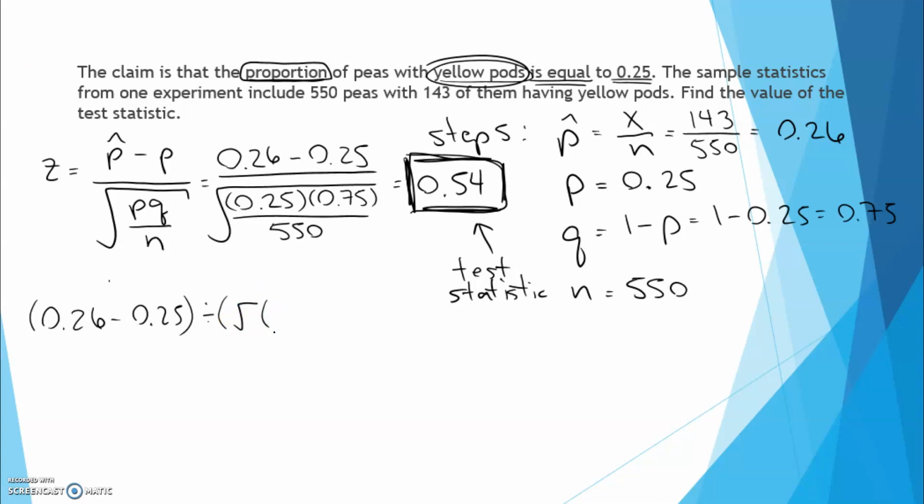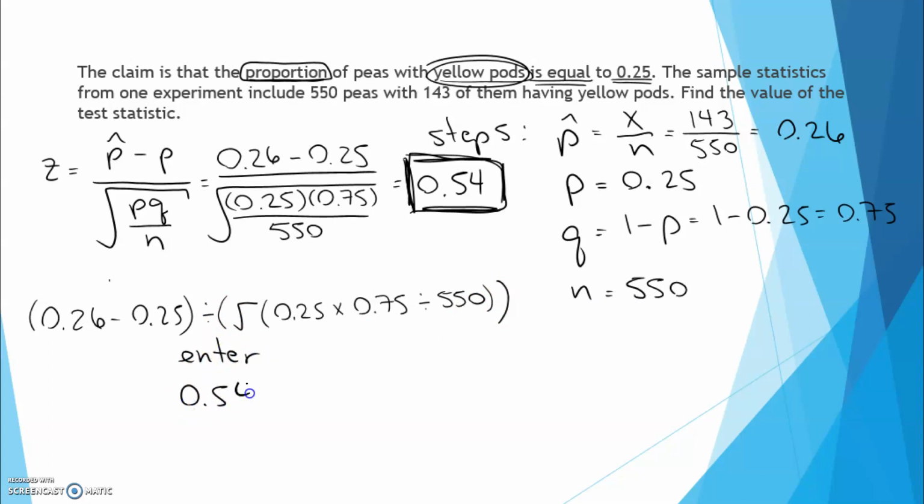That will more than likely open another set of parentheses. And you would do 0.25 times 0.75, and then go ahead and do divide by 550, close parentheses for your square root, and then close parentheses for your entire denominator, and then hit enter. This should give you 0.54.